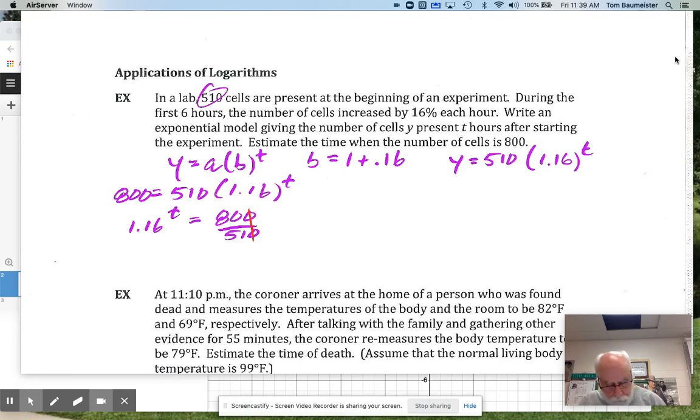All right? So now remember, to take and get that t, which is an exponent now, to take it down, you're either going to take the log of each side or the natural log of each side. So I went ahead, and this time I took the natural log just because it's easier on the calculator.